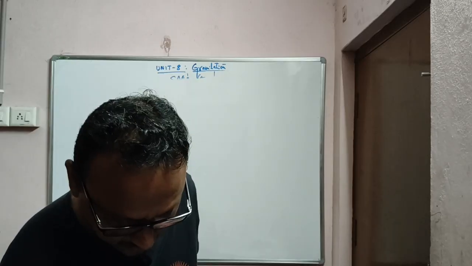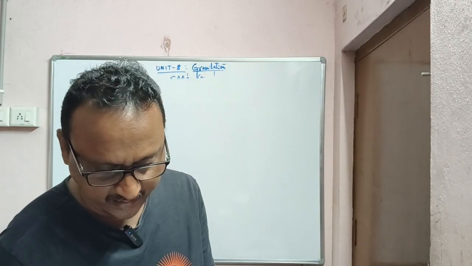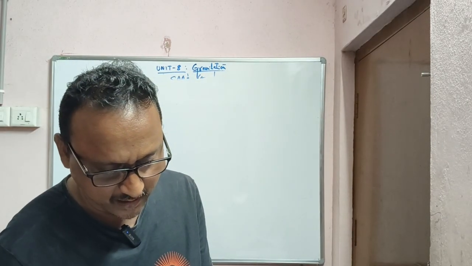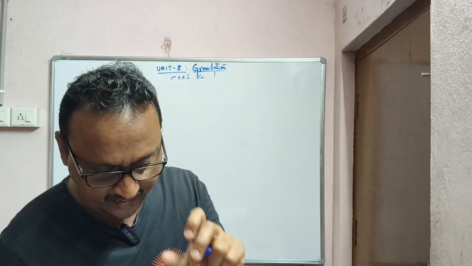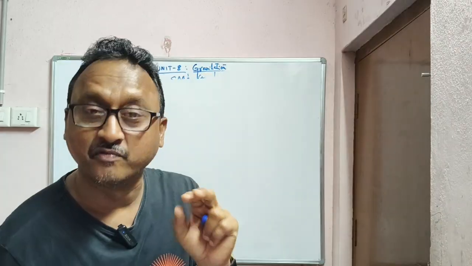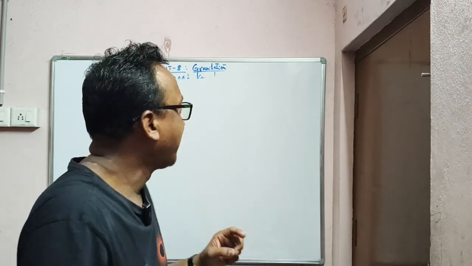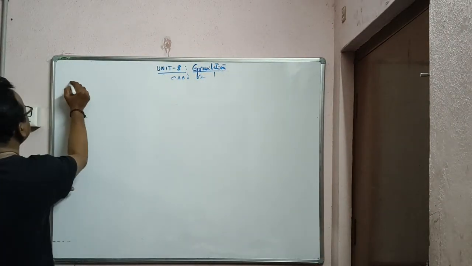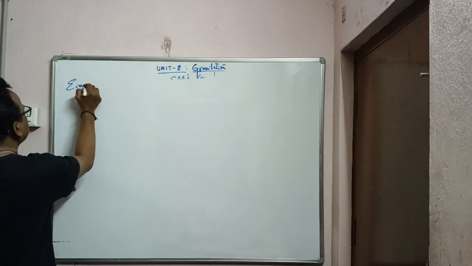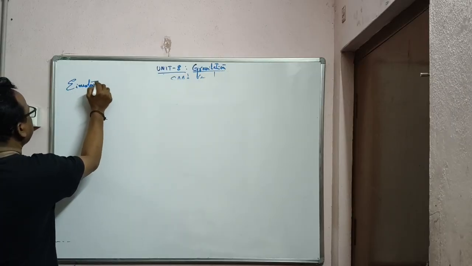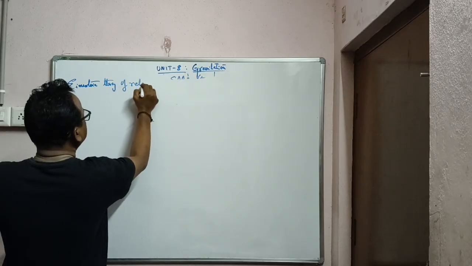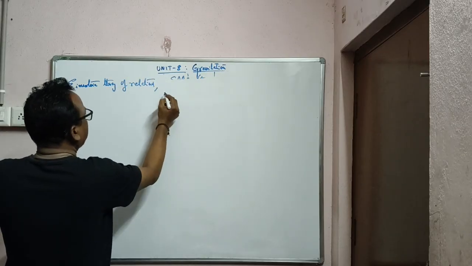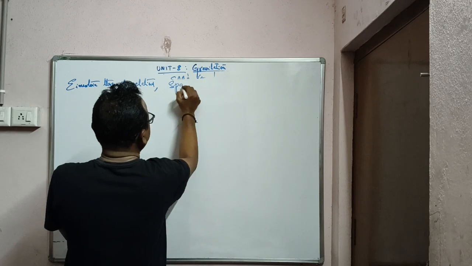For example, a heavy object like the earth acts like a bowling ball dropped into the sheet, creating a deep funnel-shaped well. So according to Einstein's theory of relativity, that is space and time.